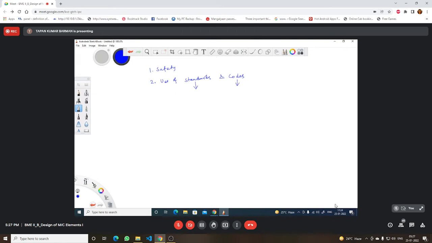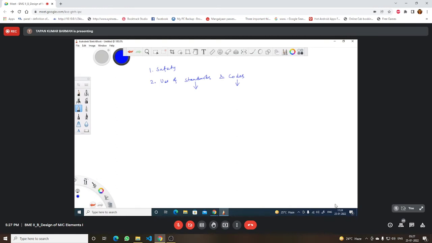Also, when you have made, say, a bolted joint, we have used a metric thread. We put, say, M20 thread. And for this metric thread, all the dimensions are standardized.